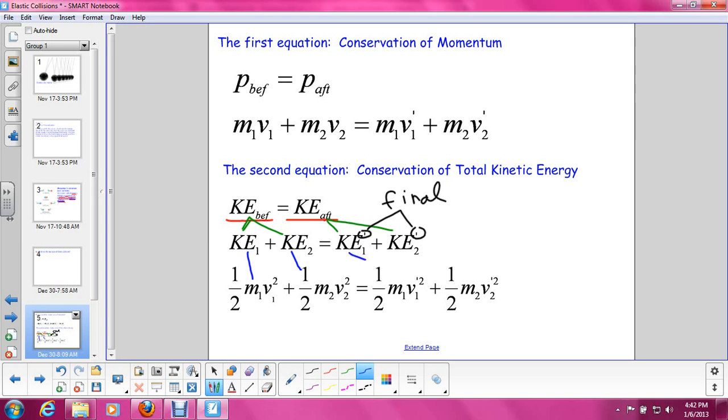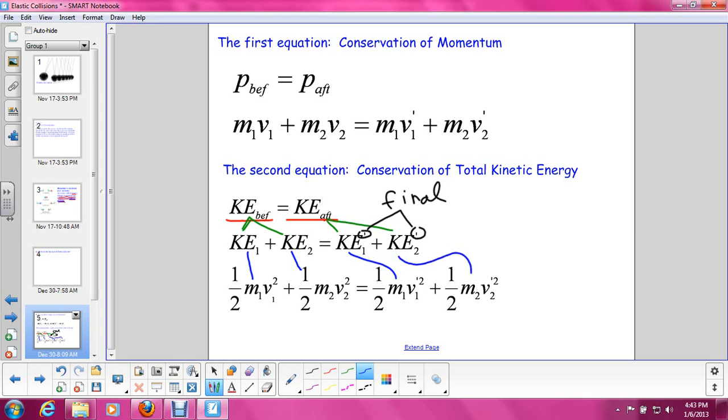And then we can plug in the equation for our final kinetic energies. 1/2 m1v1 prime squared. I know it looks scary, but it's really not that bad. All this means is the final kinetic energy of object 1 is 1/2 times its mass times its final velocity squared. That's all it means.